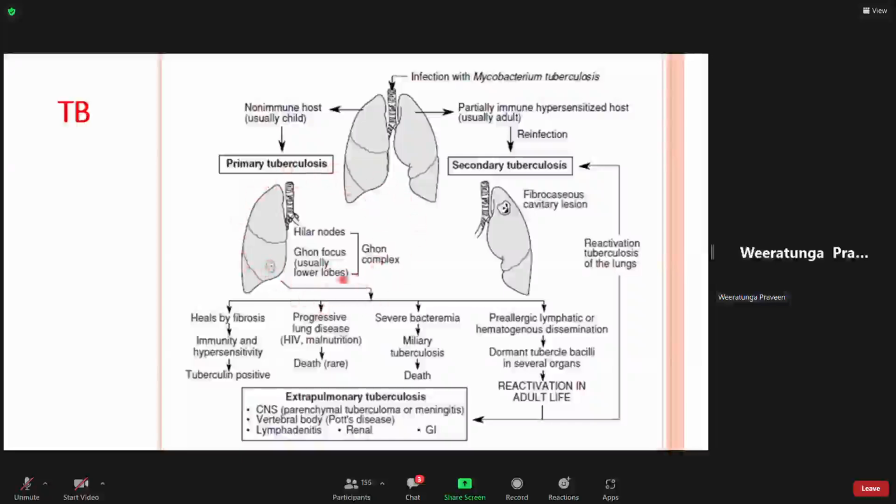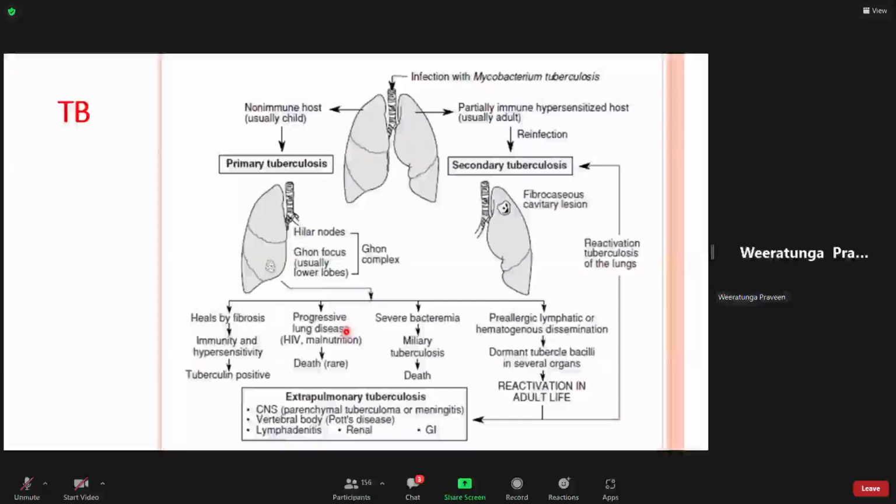In most people, primary tuberculosis heals by fibrosis and walling off of the bacteria, as you know. In some people who are immunocompromised, you can get severe infection: miliary TB and progressive lung disease. They can have severe bacteremia and miliary TB.